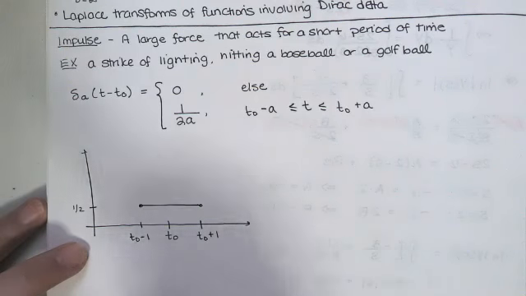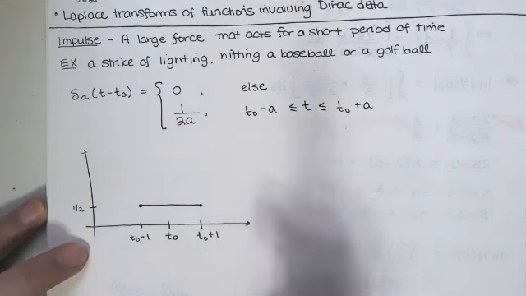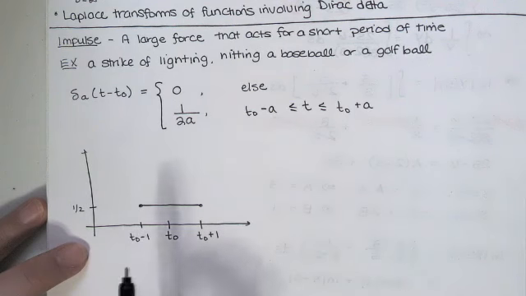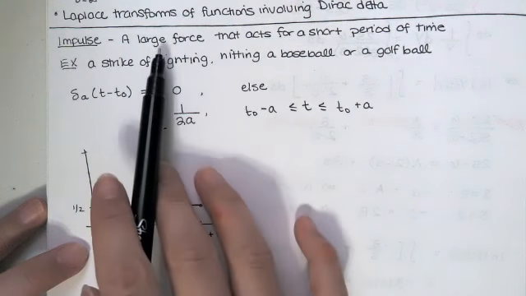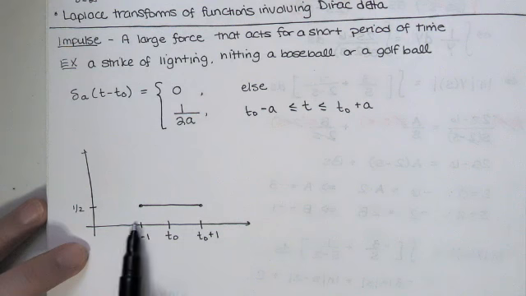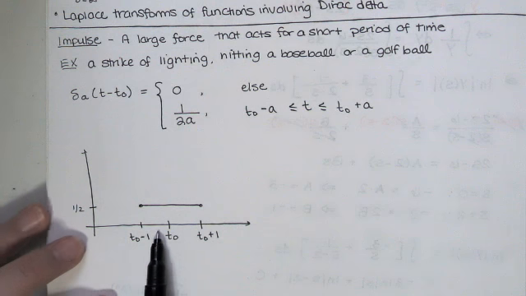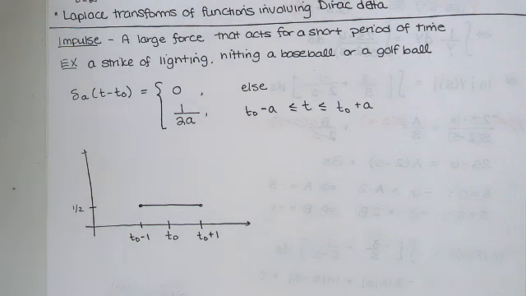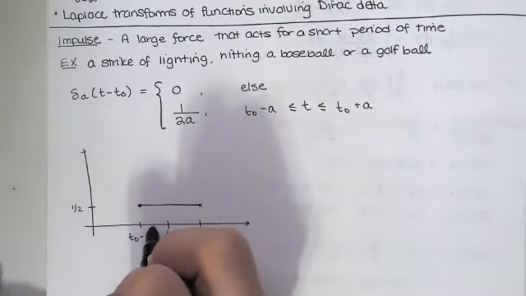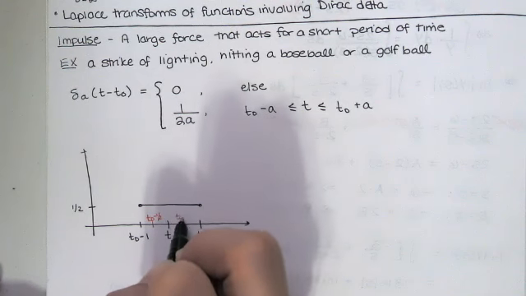But then let's think about what would happen if we shrink A, so that rather than having a large force acting for 2 seconds with a magnitude of 1/2, maybe we have a force acting for 1 second. Now, 1 second is also centered at t naught. So we go from t naught minus 1/2 to t naught plus 1/2.